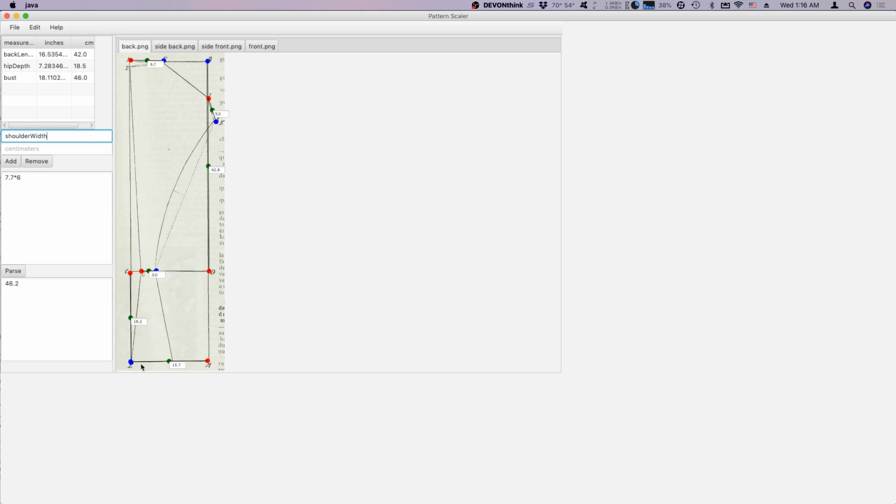So this is equal to shoulder width plus half a centimeter, so 15.2.